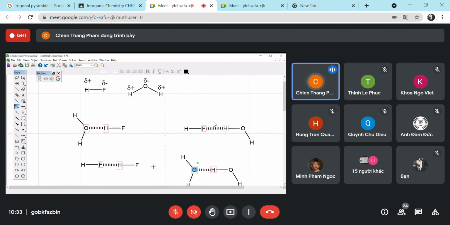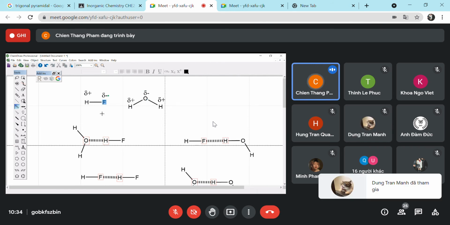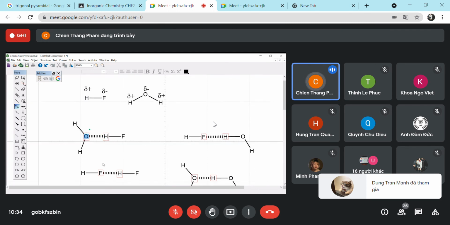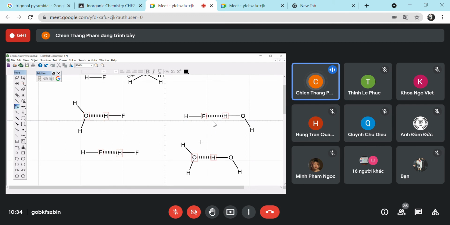Please consider the definition. Okay, so 4 types of hydrogen bond between hydrogen bonded to an electronegative element and another electronegative element, not only between H and the same type of molecule but also different types of molecule. You can see in the list here, there are 4 types of hydrogen bond.